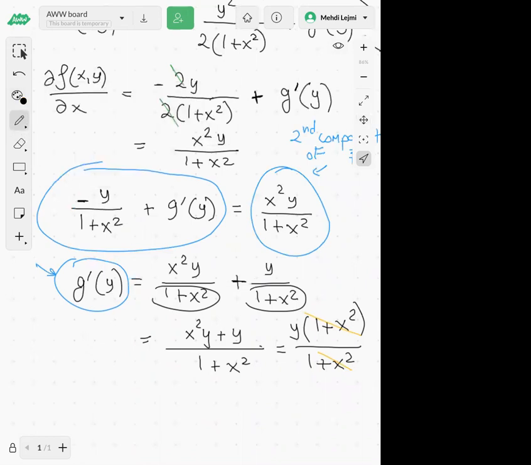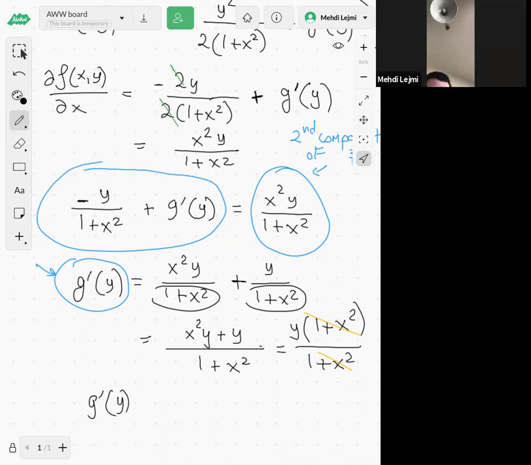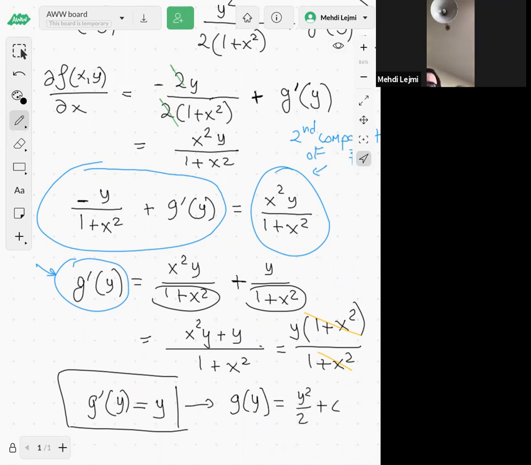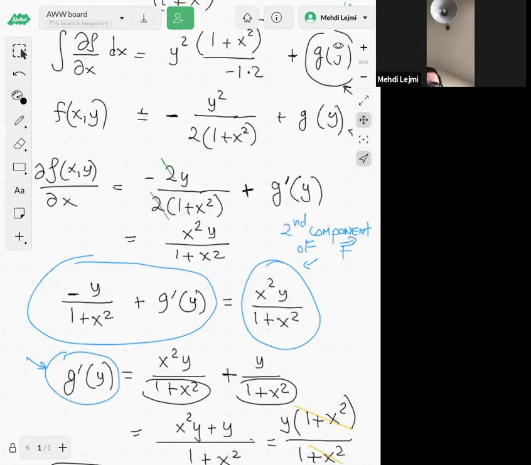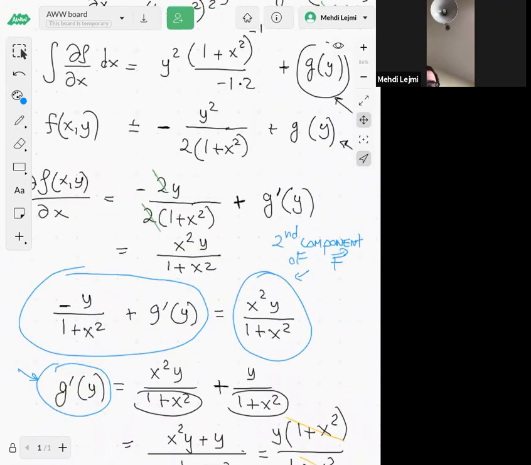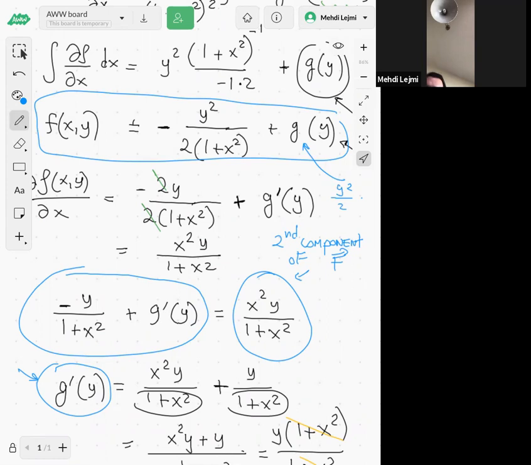And that makes sense, because if it's really conservative, then the function g must be only a function of y. Of course, then you integrate this with respect to y. This is just y squared over 2 plus constant. All right, so we come back, and the answer would be this function here, but with g of y turning out to be y squared over 2 plus constant.